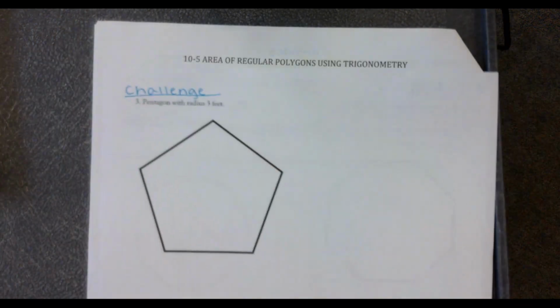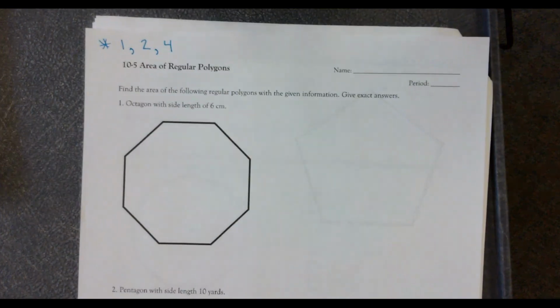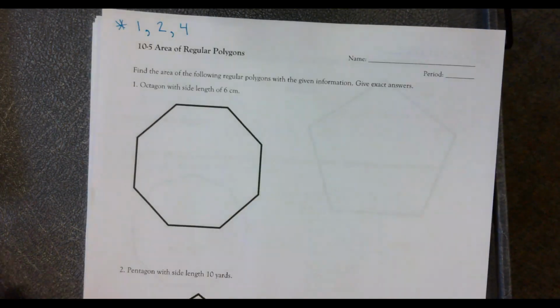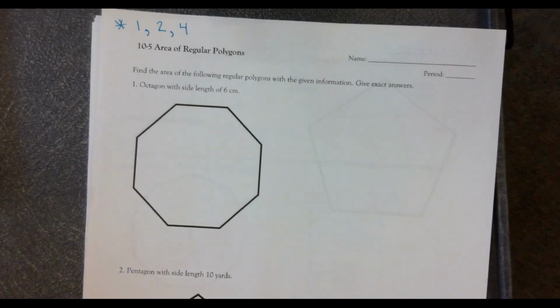Once you finish number 4, you can try the challenge problem. The reason that it's a challenge problem is because you have to use trigonometry more than once, the SOHCAHTOA stuff. So before you try number 3, make sure you have 1, 2, and 4 done. Any questions?